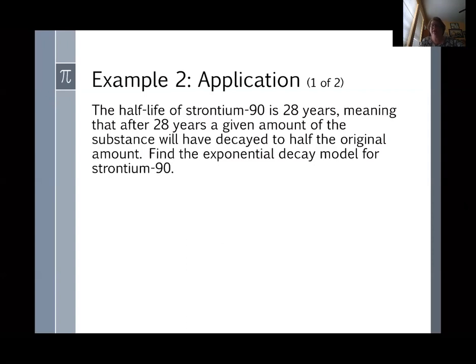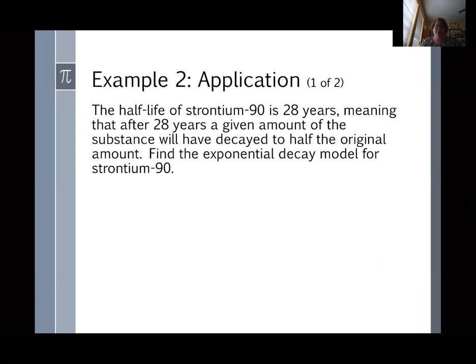Find the exponential decay model for strontium-90. Again, we're given everything we need to find the model except k. So we're going to find the decay constant k first, then we'll have a model we can use for anything else.